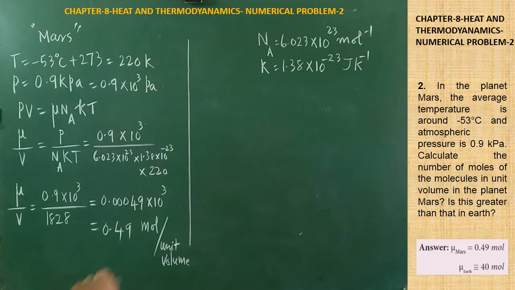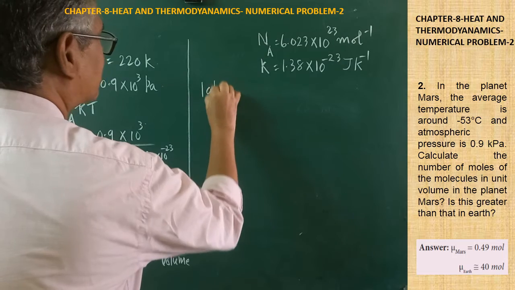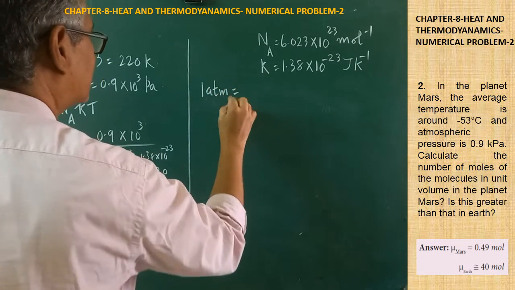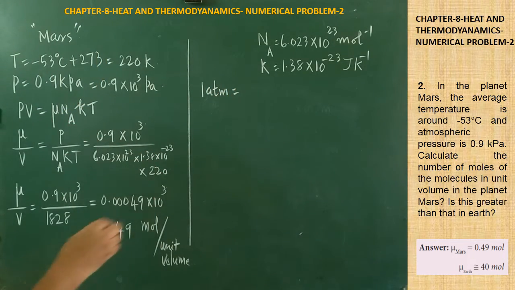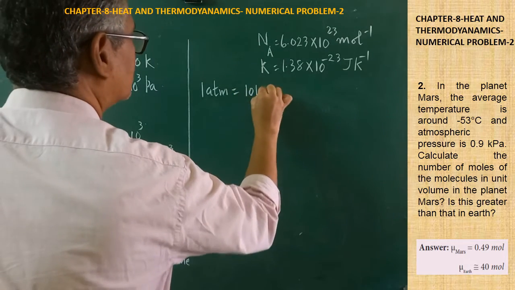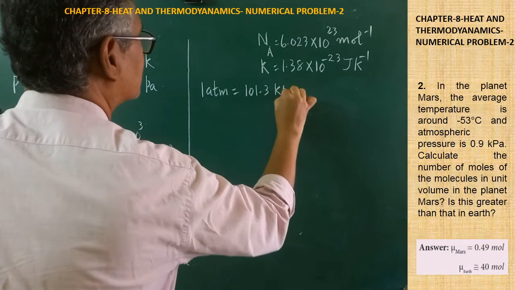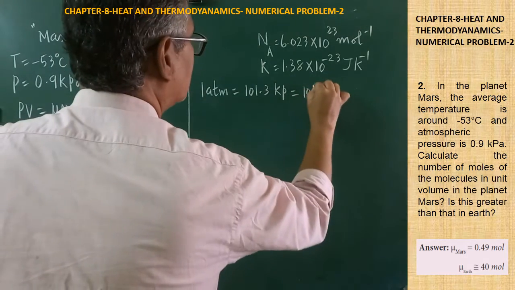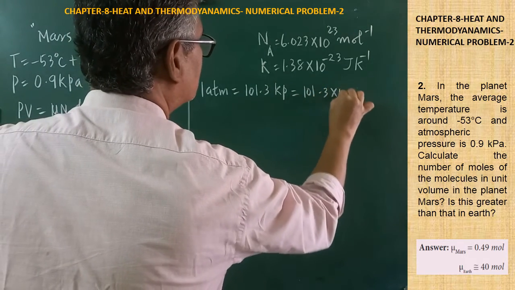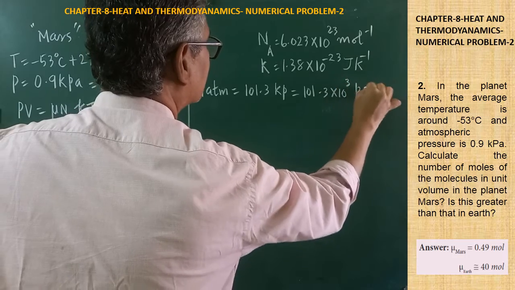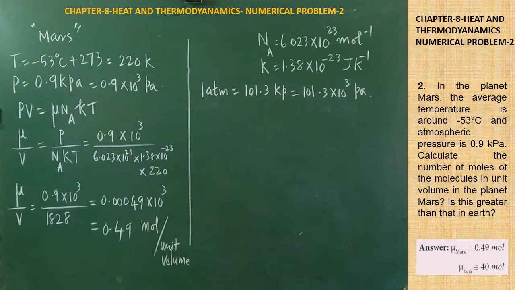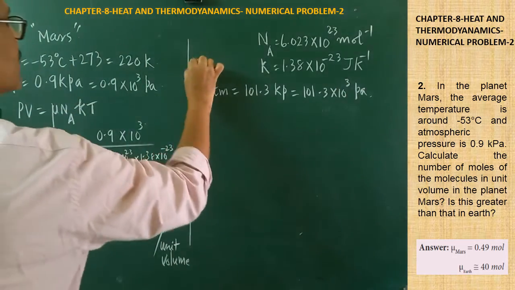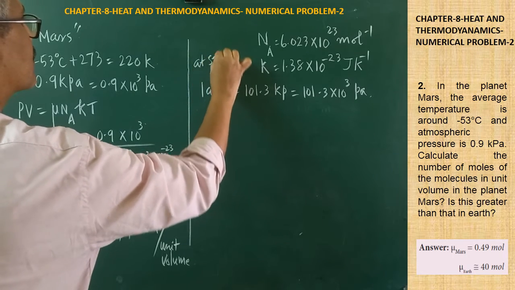In the case of Earth, one atmospheric pressure is equivalent to 101.3 kilopascal, which is the standard value at STP. That is 101.3 into 10 to the power of 3 pascal, and that must be taken.